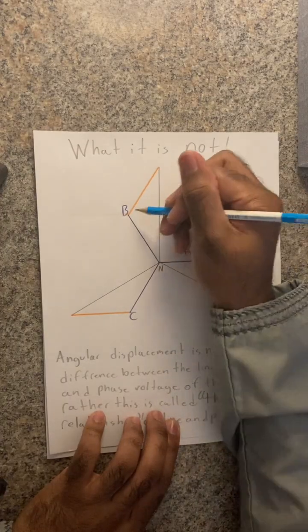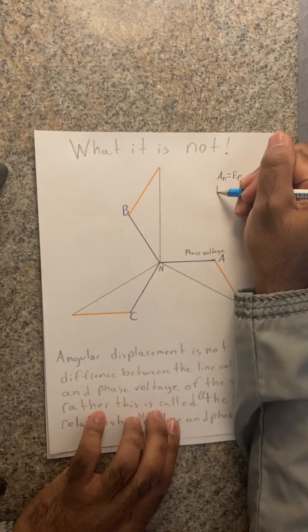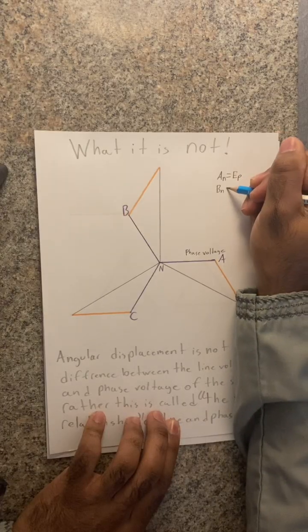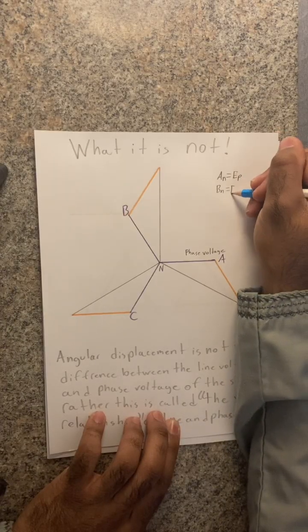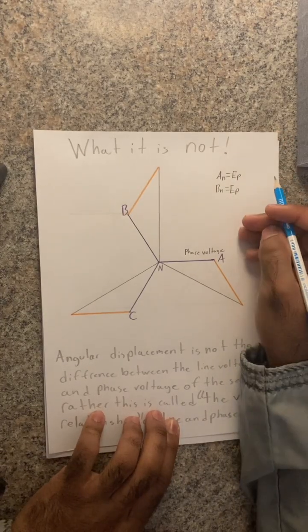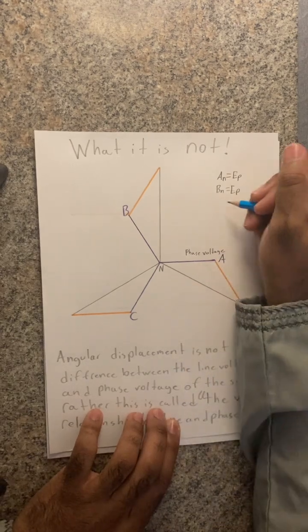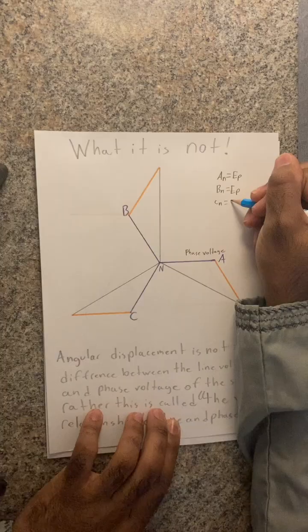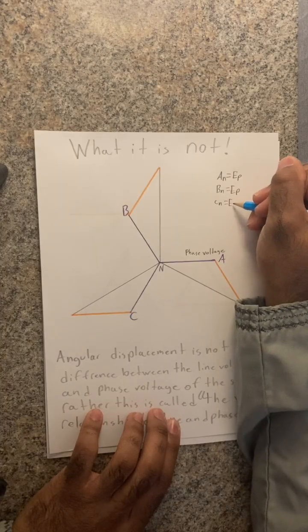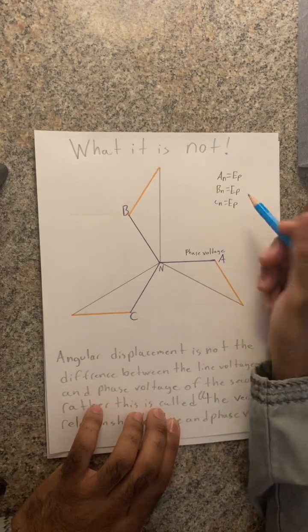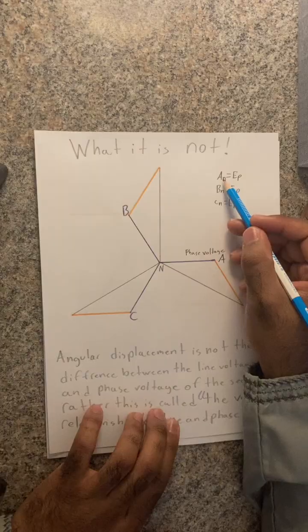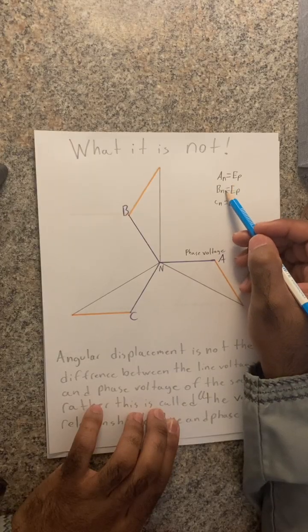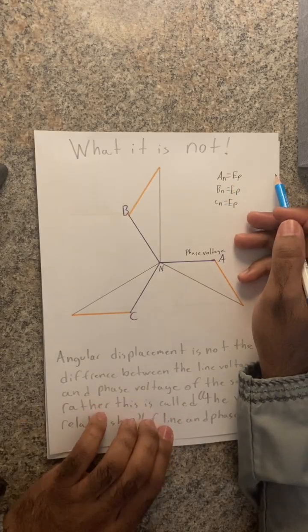Similarly, Bn also equals the phase voltage, and the same for Cn, which also equals the phase voltage. That is, all these phase voltages are equal. We could have written them as An equals Bn equals Cn.